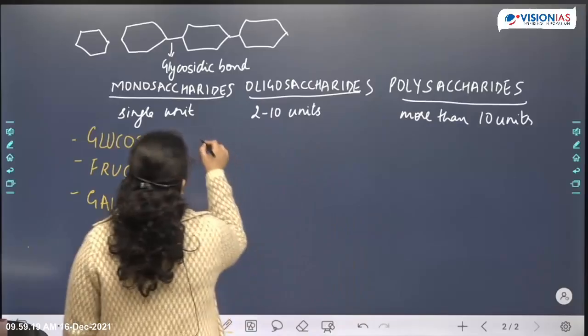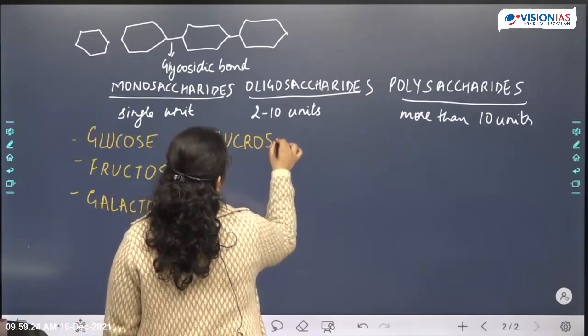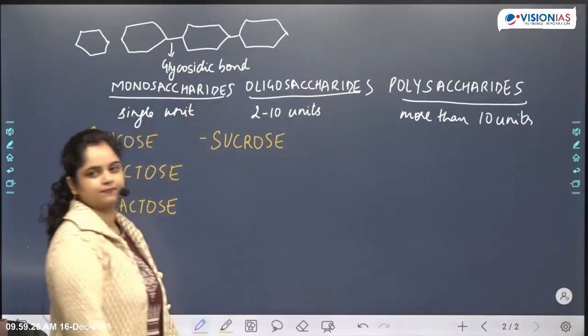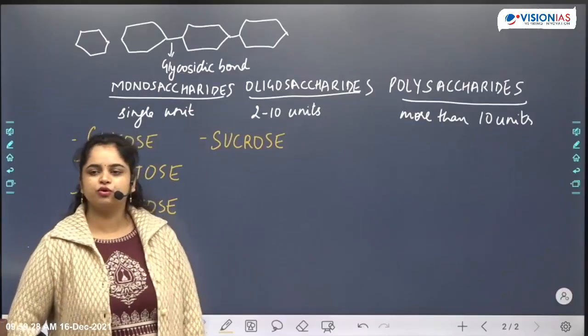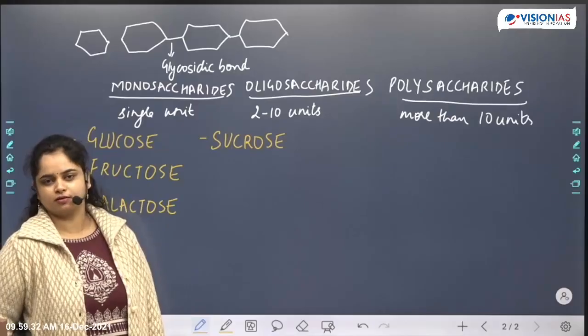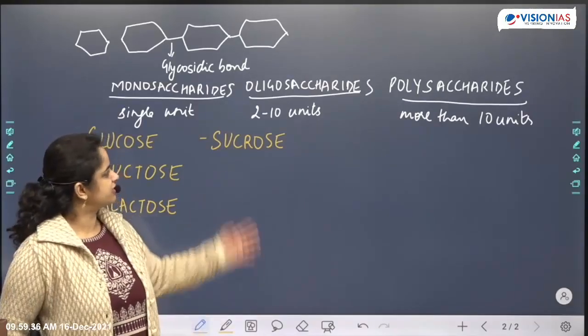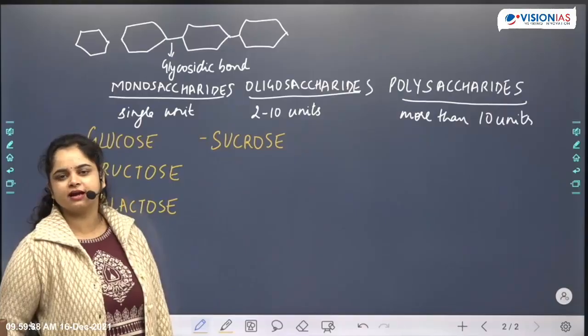Oligosaccharides examples. First one is sucrose. So sucrose is our common table sugar. The sugar which we normally consume is an oligosaccharide called sucrose.